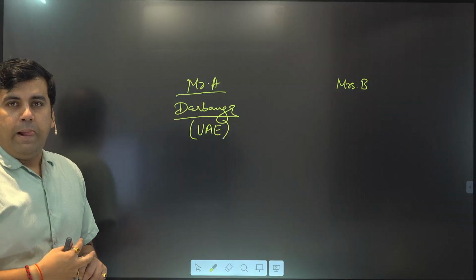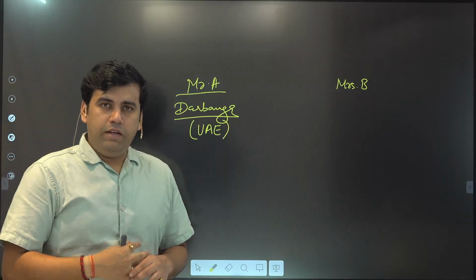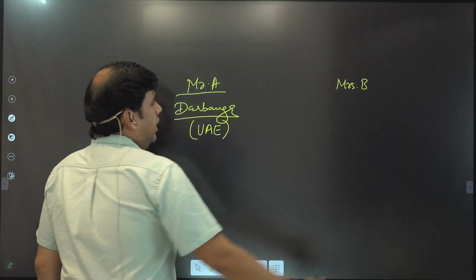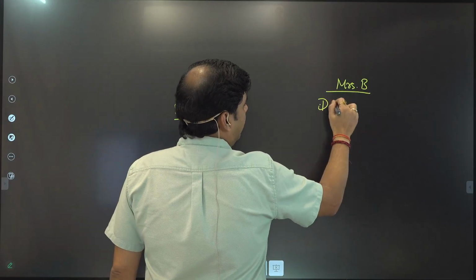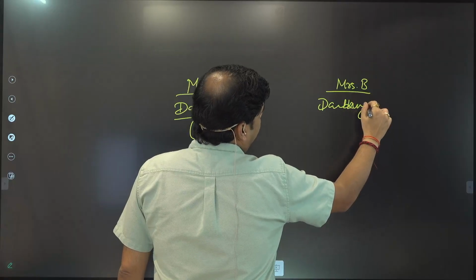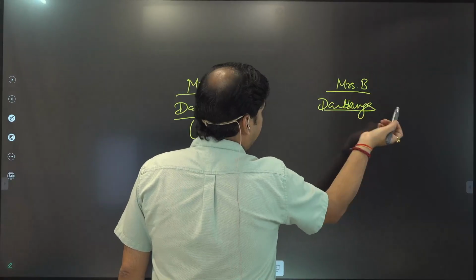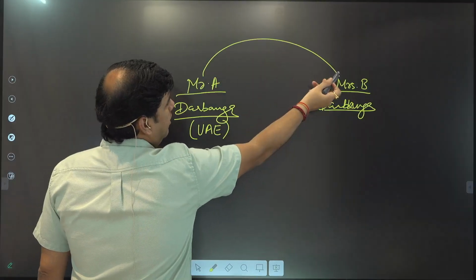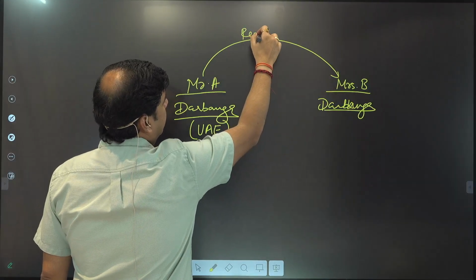He is a laborer in Dubai. She is living in Darbhanga. Now he is sending remittance money.